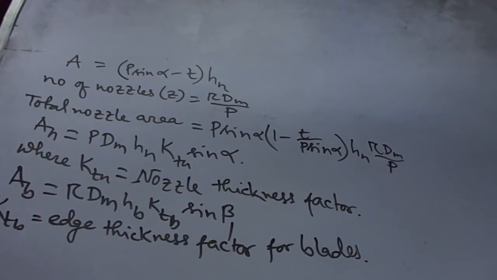From the continuity equation, it follows that the mass flow rate is A_N V1 divided by small v1, which is equal to A_B V_R1 divided by small v1. Here capital V is the velocity and small v is the specific volume.